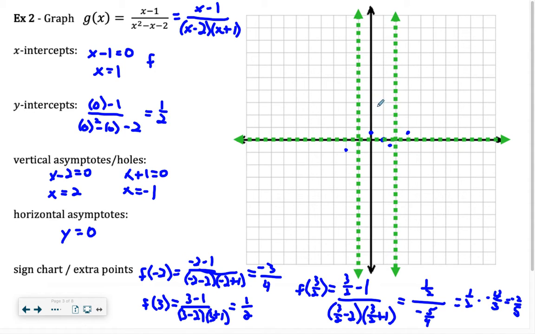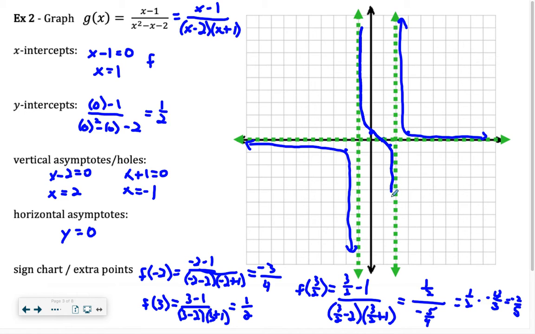Okay, so what ends up happening, right? We said that this piece is going to be contained in here. It's going to approach the asymptotes. This piece is going to be contained in here as it approaches the asymptotes. And then this piece is actually going to do something like this.